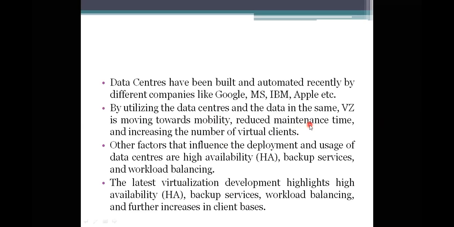And then maintenance time: there is no need to maintain it, because to maintain the data you need a database server, and energy consumption will be there, you need to cool down the servers, and you need to take the administrator into account. All these things come into account. Who takes care of all these things? The virtual clients will take care of all these things.